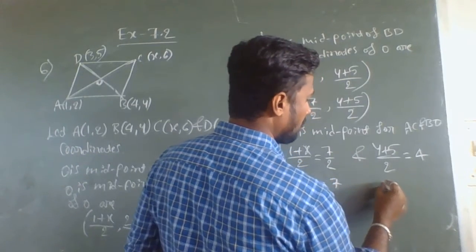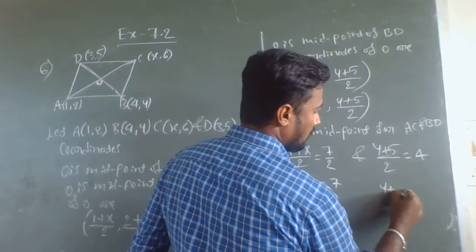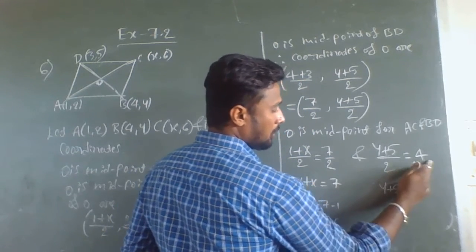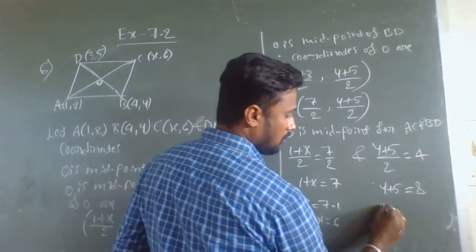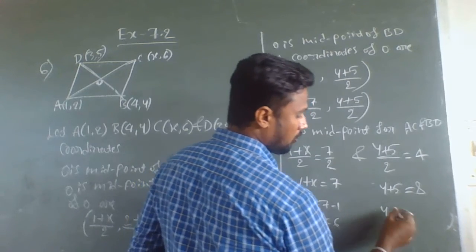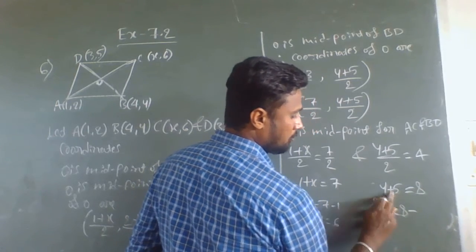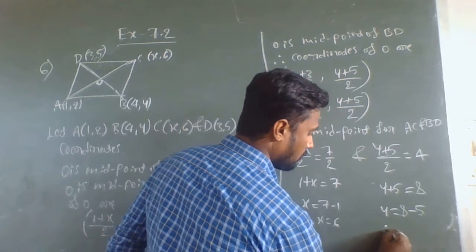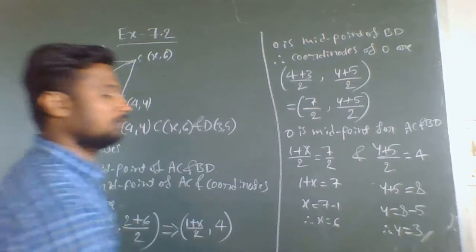How to calculate that? y plus 5, and I will take this 2 to right hand side. So what it becomes? 4 into 2, which is equals to 8. So now to calculate y value, I will move this 5 to right hand side, so it becomes minus because it is plus here. Therefore 8 minus 5. Therefore y value is 8 minus 5 means 3 we will get. Okay.